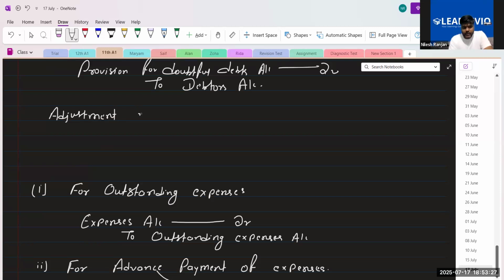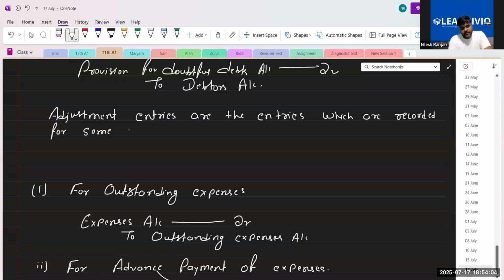Adjustment entries are the entries which are recorded for some omitted items at the end of the year.